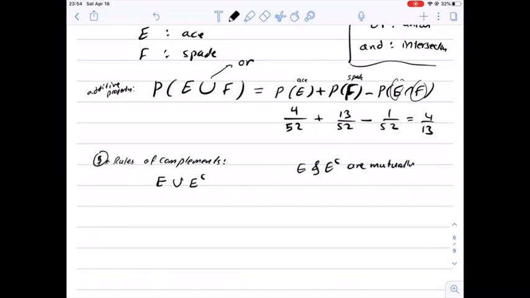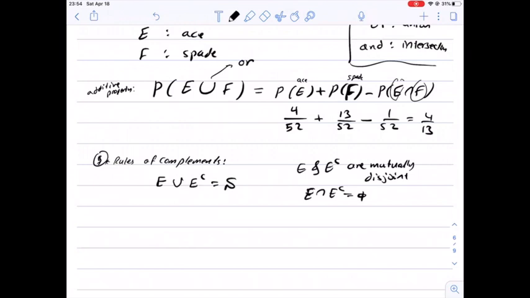E and E complement are mutually disjoint. Why? Because we don't have intersection between them. E means all elements of the event. E complement, all elements that do not belong to the event. So those are disjoint. That means E intersected with its complement is phi.